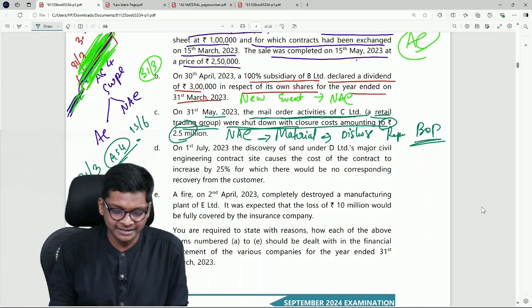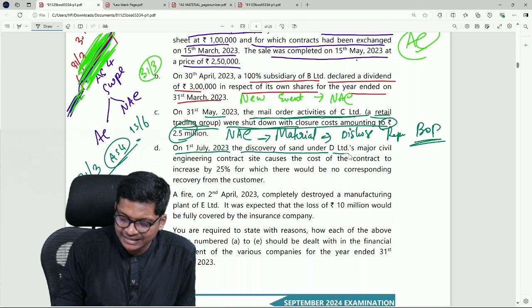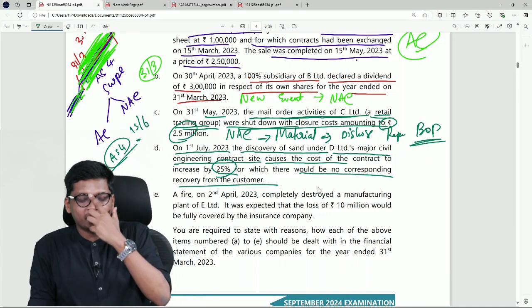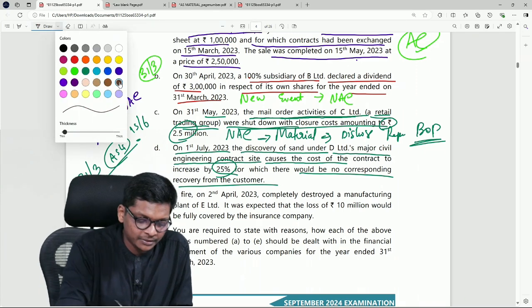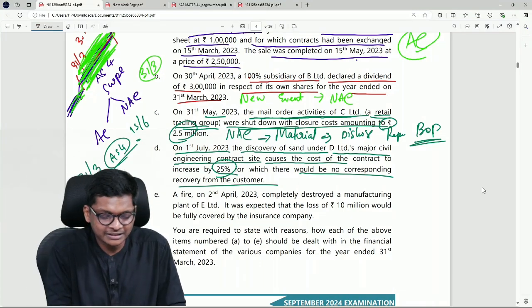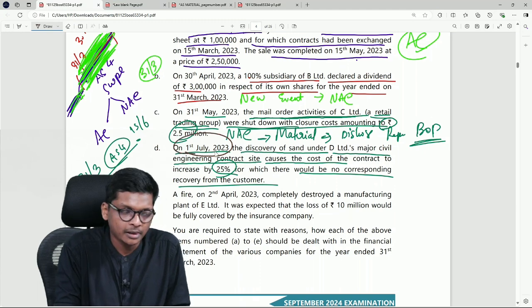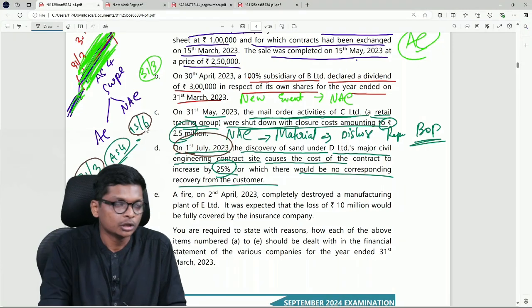Last two questions, guys. On 1st July, the discovery of sand under these major civil engineering contract sites increased the company's costs by 25,000, for which there is no corresponding recovery from the customer. Super. I will give a 10 seconds gap. Can you tell me what the answer will be for this? This is happening on which day? 1st July, and our scope is 31st March to 15th June.